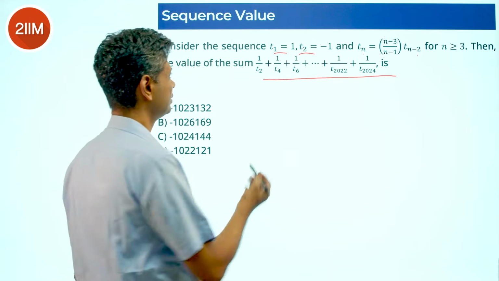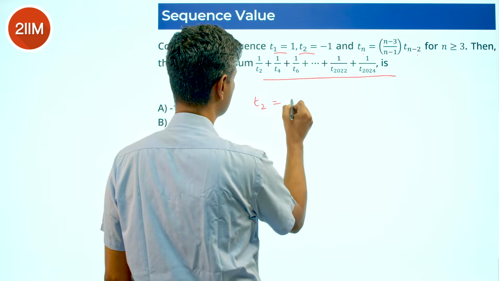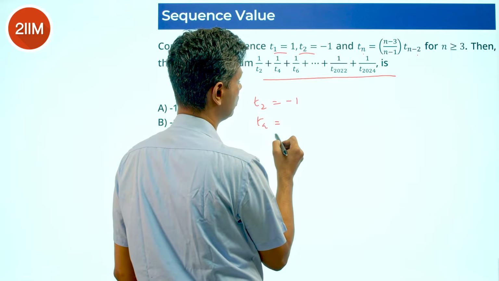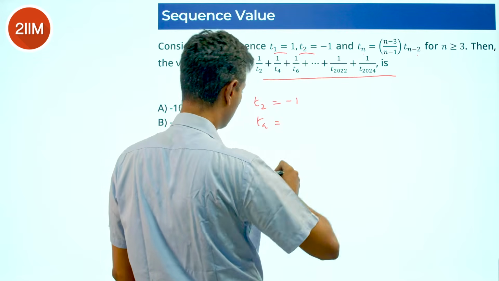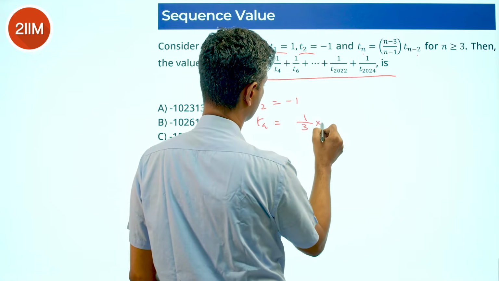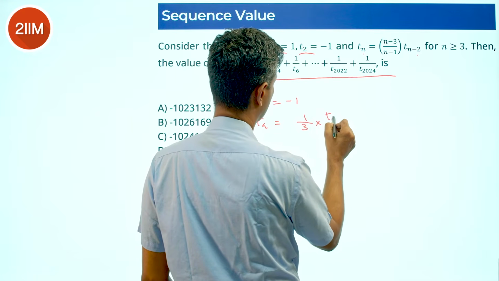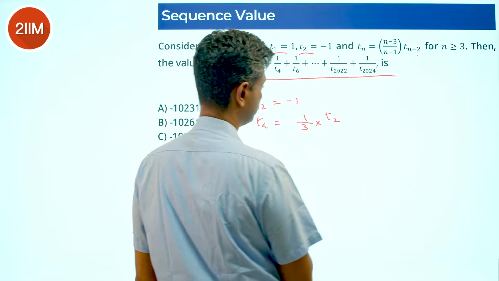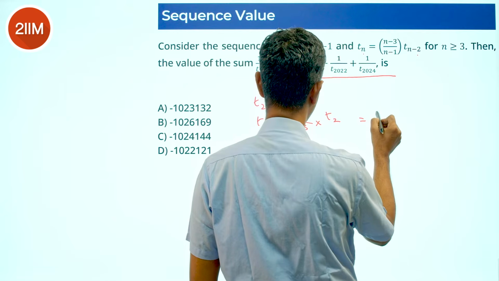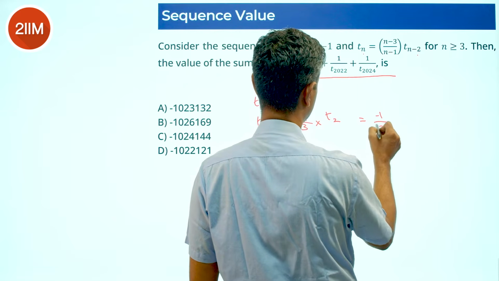And so T2 equals minus 1. Forget T1. T4 equals (n minus 3) by (n minus 1), 1 by 3 times T2, 1 by 3 times minus 1, which is minus 1 by 3.